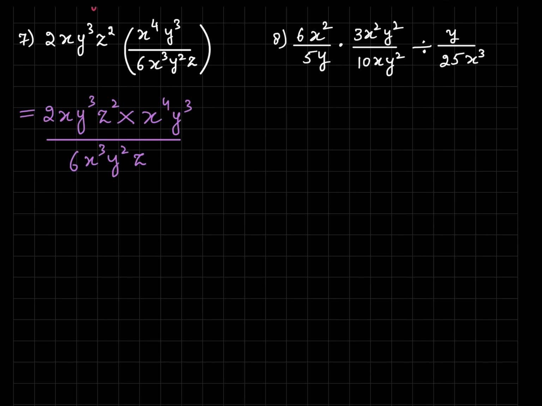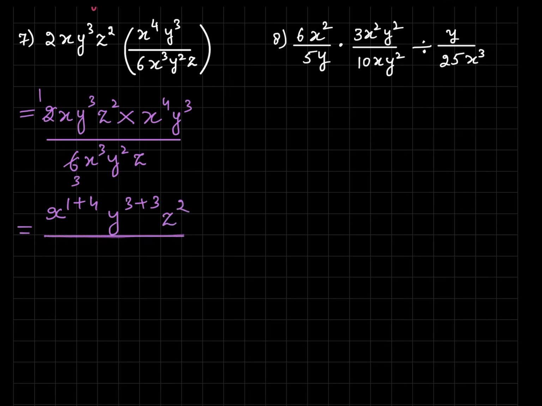So 2 and 6 we can cancel, like 2 1's and 2 3's. So what I'm left with, no number here. So it's only x raised to the power 1, then plus 4 here. Okay, then we have y raised to 3 plus 3 here, then we have z square.